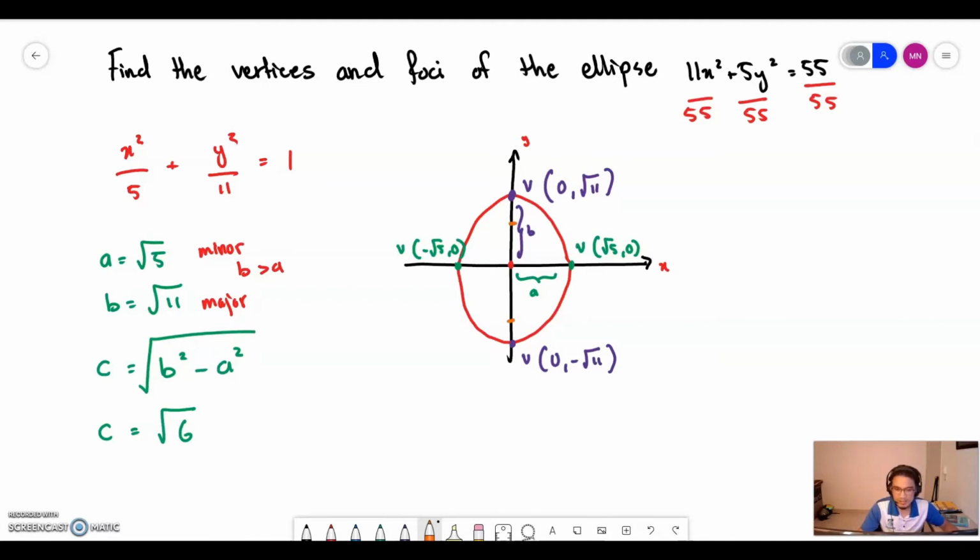Focus depends on the value of c, square root of 6. So here is the square root of 6. So our focus will be 0, square root of 6. And down here, the focus is 0, negative square root of 6. Alright, so now we have done the vertices and foci and sketched this ellipse.